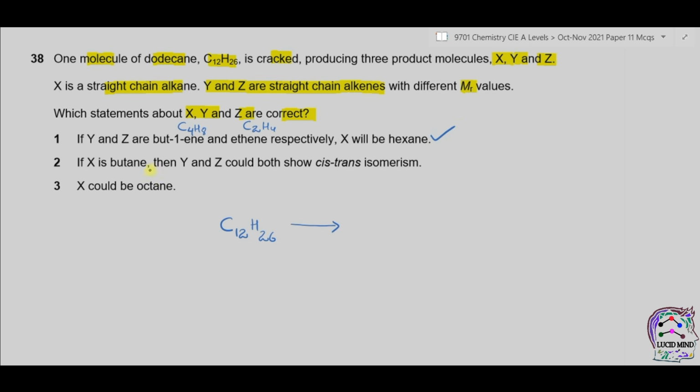Part 2, if X is butane, butane is C4H10, then Y and Z could both show cis-trans isomerism. Y and Z are alkenes, so we have 8 carbon atoms left and 16 hydrogen atoms left, so we can make 2 alkenes. We cannot make both alkenes with the same number of carbon atoms because they have different molecular mass values.